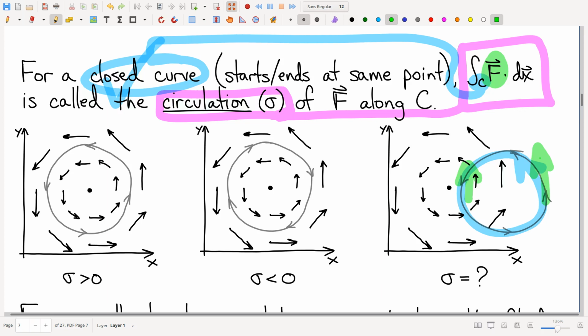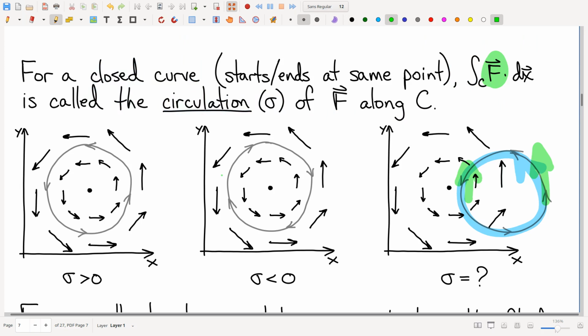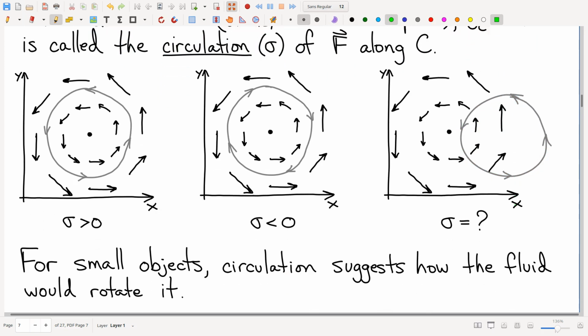Okay. All right, now there's a nice interpretation of circulation. This is hand wavy and imprecise, but I think nice. I am going to consider a small object here. Small means that I'm going to claim that there's a certain amount of uniformity. Stuff just can't change that much over teeny tiny little distances, right?